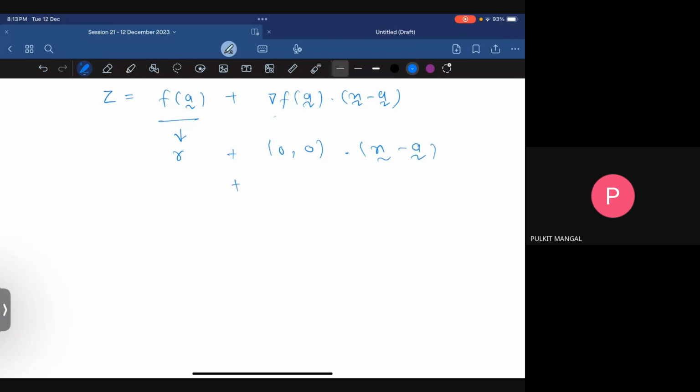So that is basically 0 comma 0 dot product with x minus 0, plus 0 comma 0 dot product with y minus 0. If you do this, you will simply get z is equal to r, because everything here will be 0.